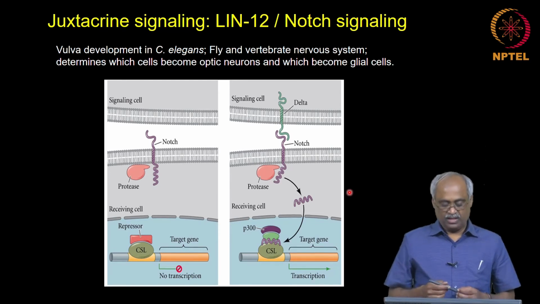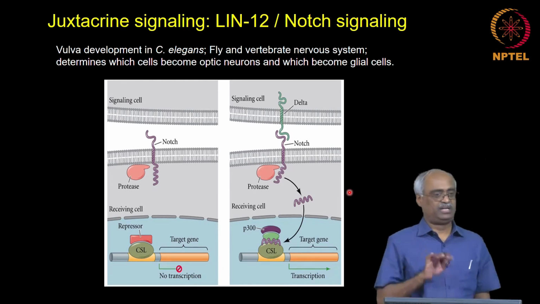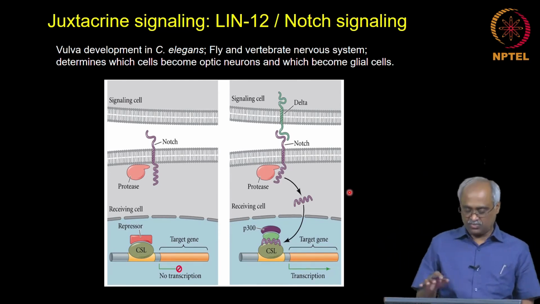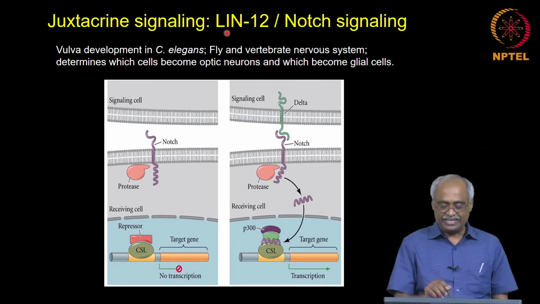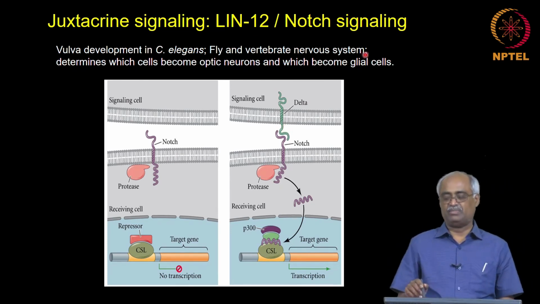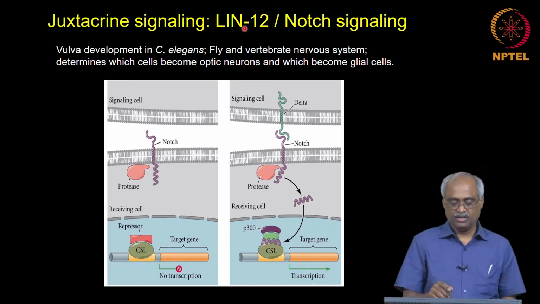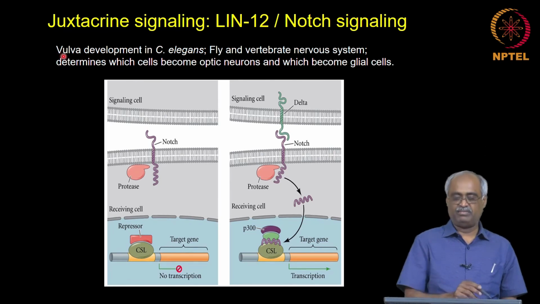The Drosophila names have stuck in the literature more popularly, so the receptor is Notch and the ligand is Delta. Officially it is called LIN-12 Notch signaling because LIN-12 was the first Notch-like receptor discovered. Did we encounter LIN-12 already? Yes, we did, in vulval development. We will refresh our memory once more.